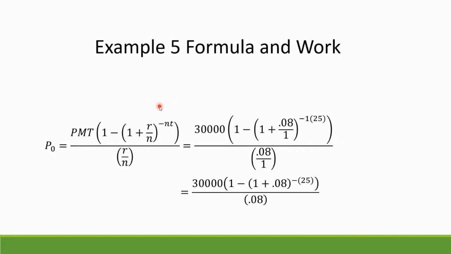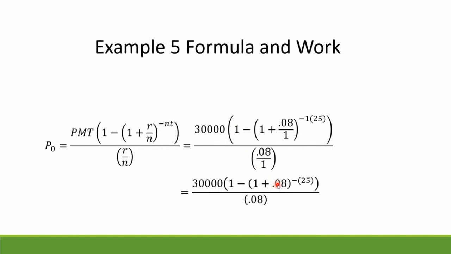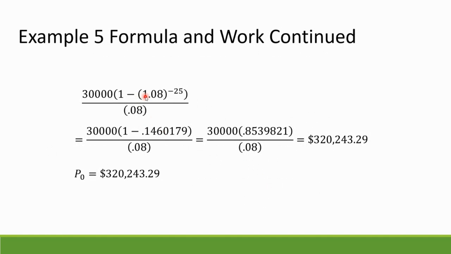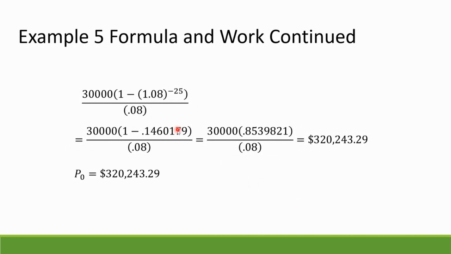So for the numerator, I thought I was missing something. We have this now. Again, all I'm doing here is just repeating this. And 1 plus 0.08, we combine that to get 1.08. That's what we have there. Now, if we were to raise this to the negative 25, this is where a calculator would come into play.